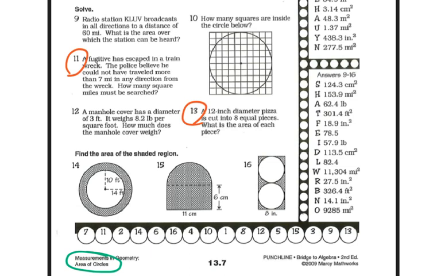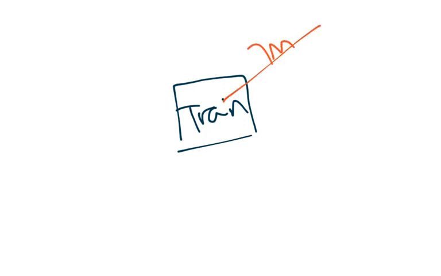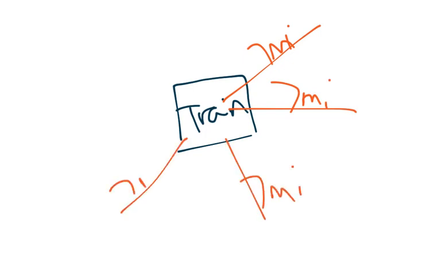And so let's read number 11. It says, a fugitive has escaped in a train wreck. The police believe he could not have traveled more than 7 miles in any direction from the wreck. How many square miles must be searched? So let's just pretend like we have a train wreck here. And so we got 7 miles here and 7 miles here, and we can go all the way around.